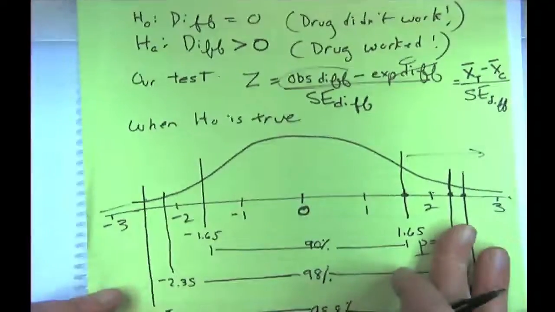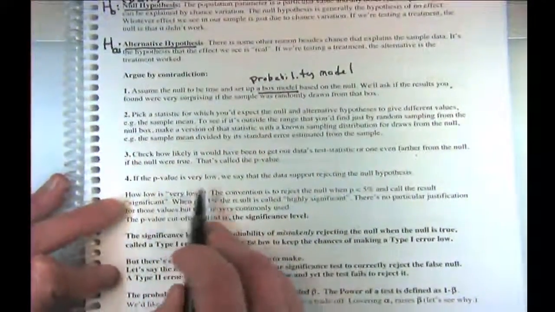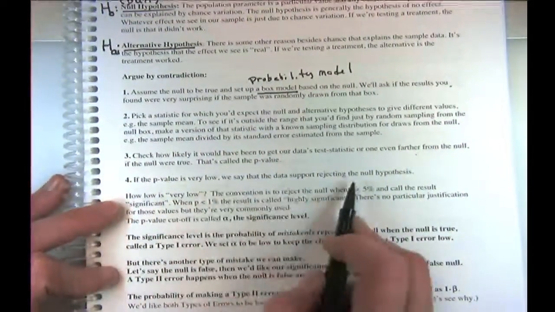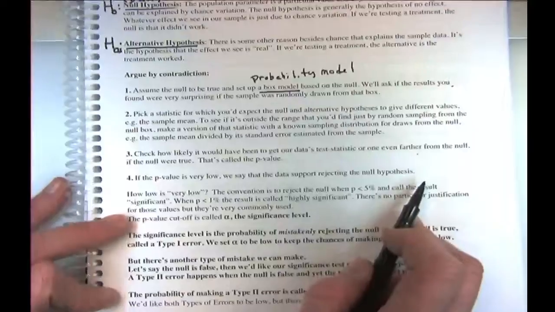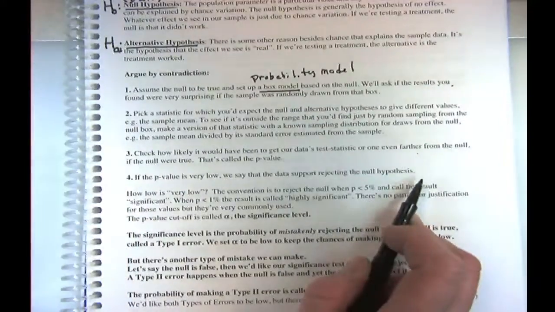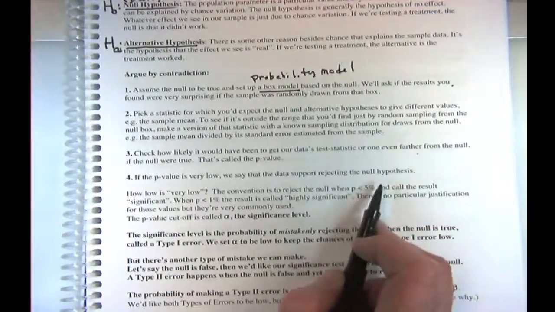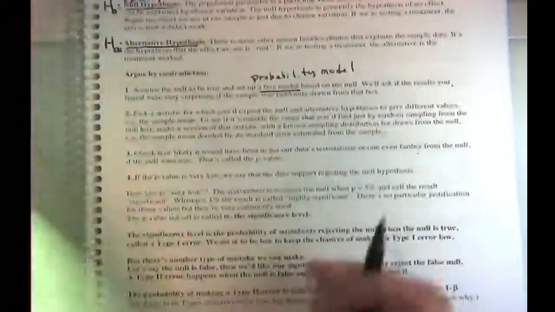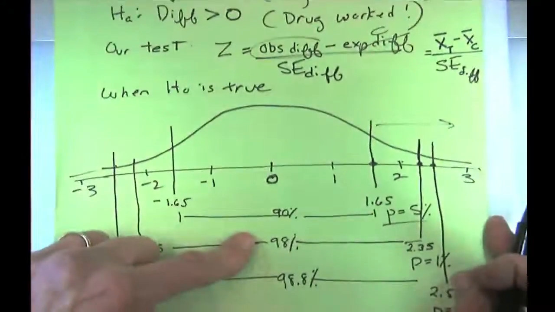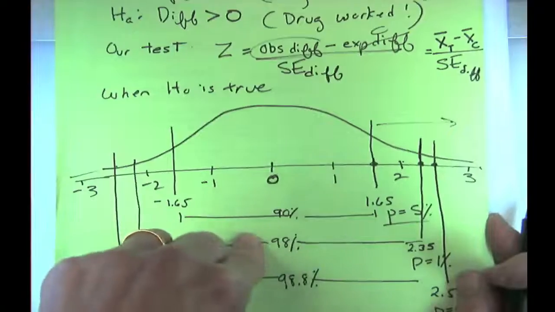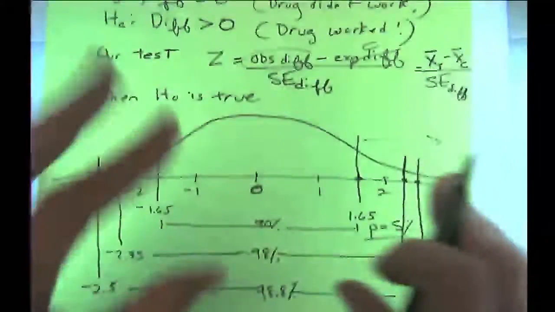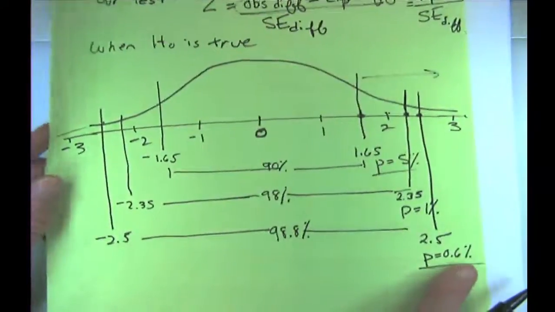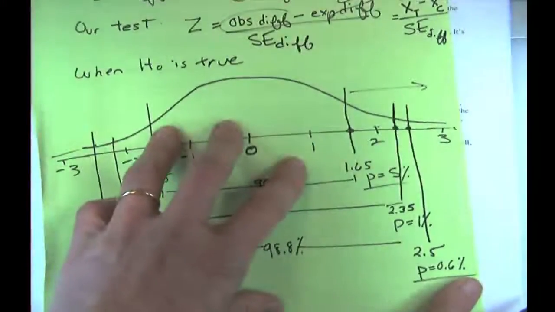So that's the idea. All right, so let's just make sure we understand that. So if the p-value is very low, we say the data support rejecting the null hypothesis. We say rejecting the null, this double negative, instead of saying accepting the alternative, because we assumed the null to be true. So we're saying the null is true, and based on the null, this is the probability that we'd see this big a difference when the null is true.